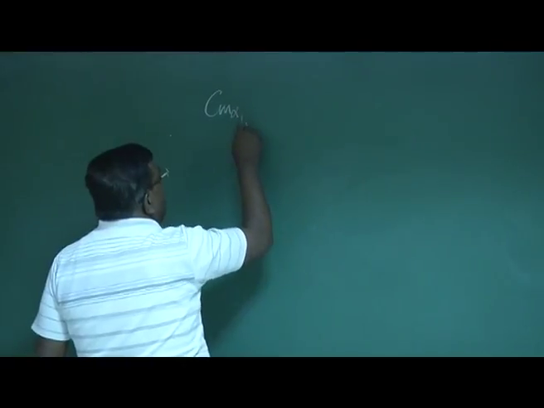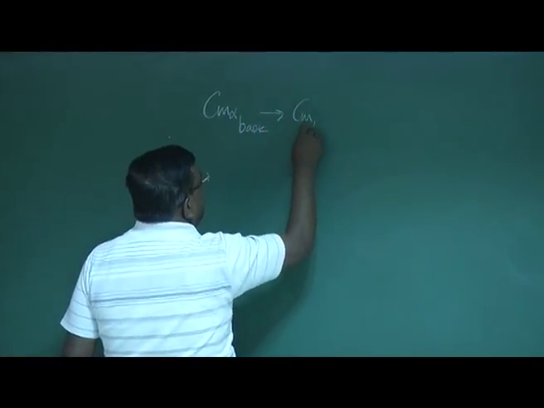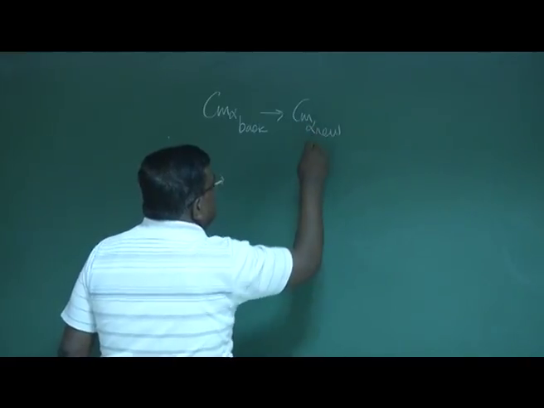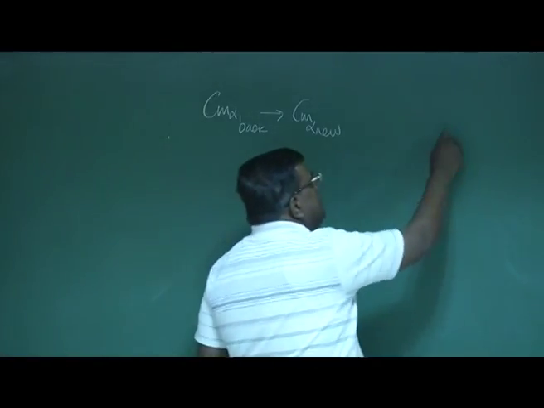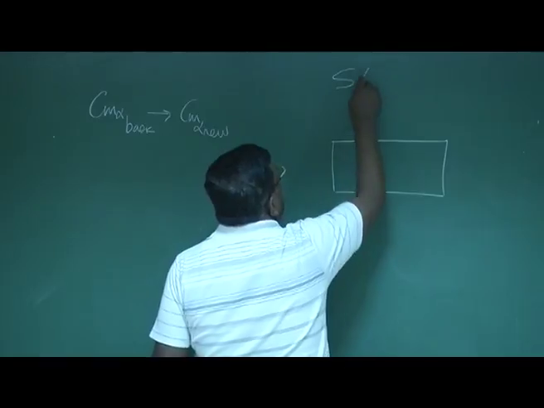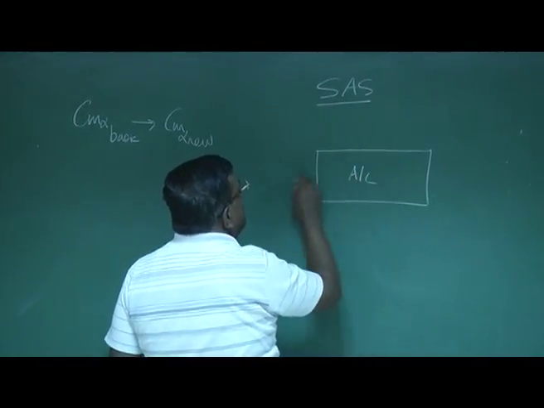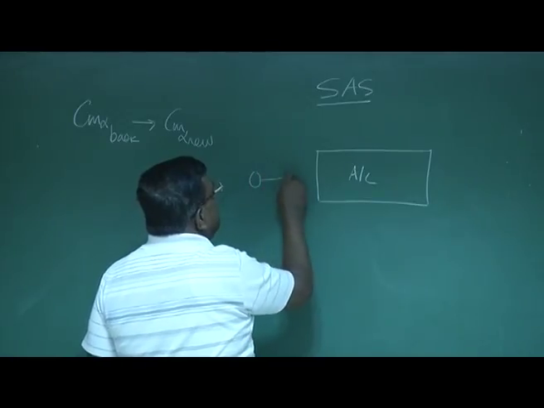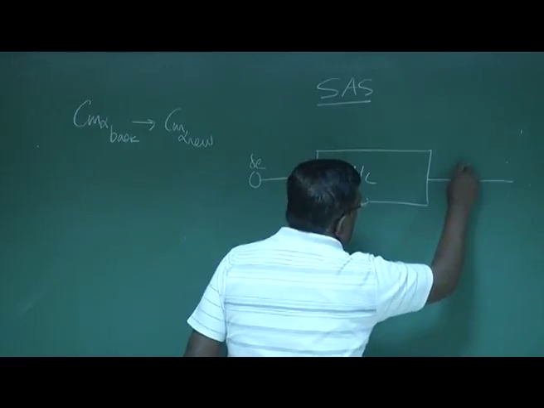Let us say we want to increase Cm alpha. Let's say we have a Cm alpha basic and we want to increase it to Cm alpha new. Some desired value. What is the mechanism? Let's see. This is the airplane. I call it SAS. This is the aircraft. And you know, this is the delta E. Let's say this is the alpha.